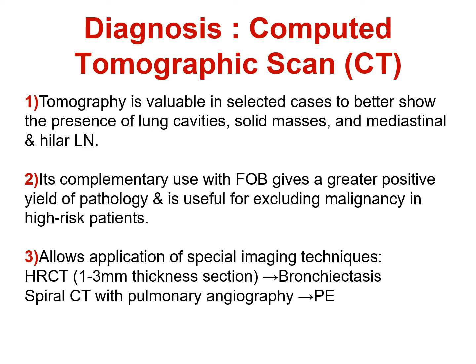So you must know the type of CT chest you will prescribe for your patient. If you suspect bronchiectasis, ask for high resolution CT. If you suspect pulmonary embolism, ask for spiral CT chest with pulmonary angiography.